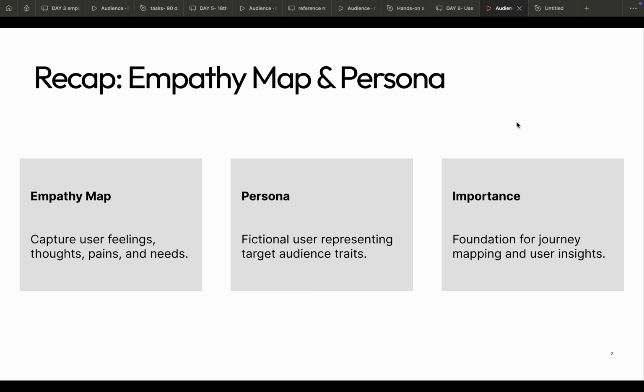And we have also seen about user persona in the next class. So user persona is an imaginary character. It will represent the target audience, like the end users of our product. Who are the end users and how they'll be using our product is what user persona means.